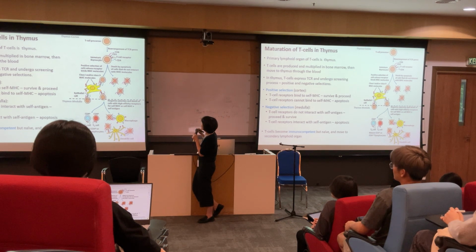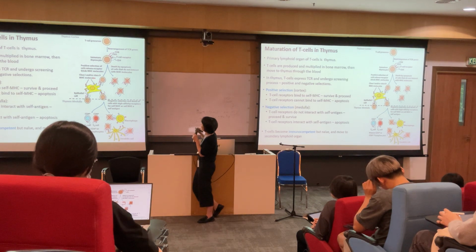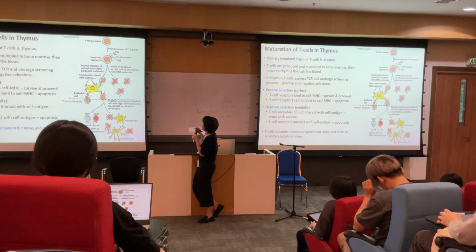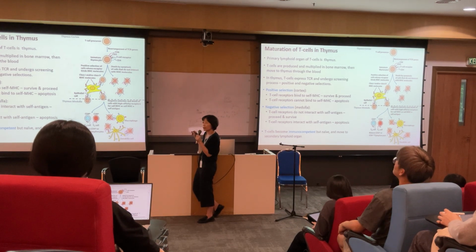These thymic epithelial cells have a so-called MHC molecule. The MHC molecule has two types, class 1 and class 2. I'm not sure whether you have heard about that, some of you may have. They are used to present antigens.